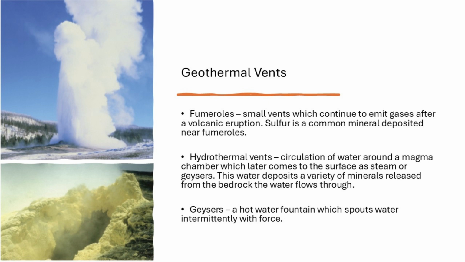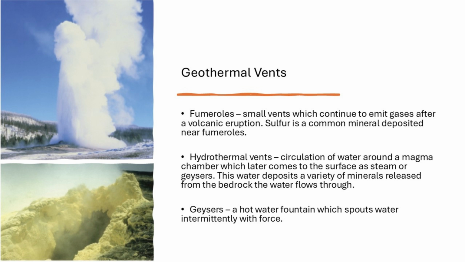Another feature commonly found near or even on the side of volcanoes is geothermal vents. These vents can emit a wide range of things, everything from gases, a lot of times it's sulfuric types of gases, as well as a mix of other types of gases, or they can also emit water vapor and water.